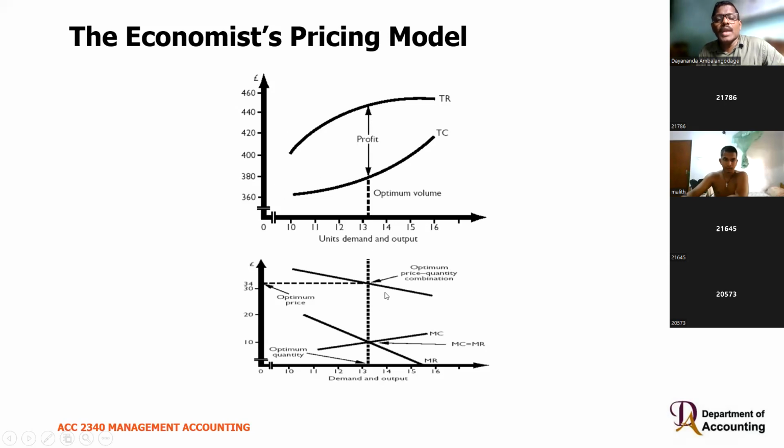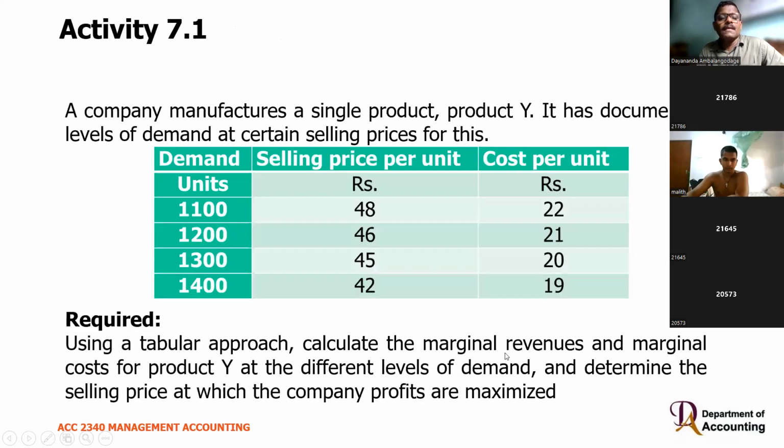So thereby, when you look at MR equal MC, you know the marginal cost and the marginal revenue function. Where these two are equal, you get nearly 10 rupees. At that 10 rupees, you are selling at 13 rupees. That's the story. Just look at this example and try to find out the answer. Can you prepare a schedule?